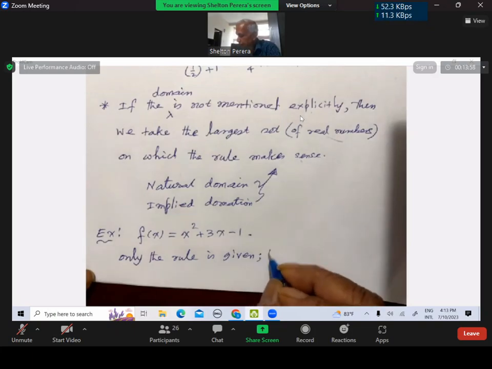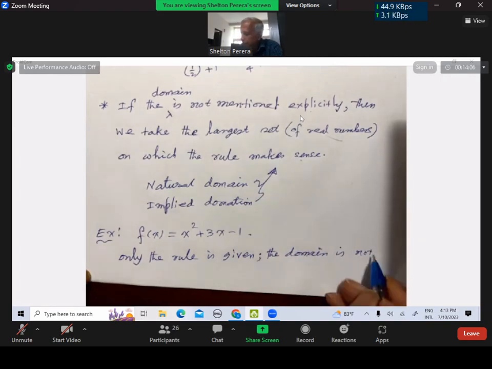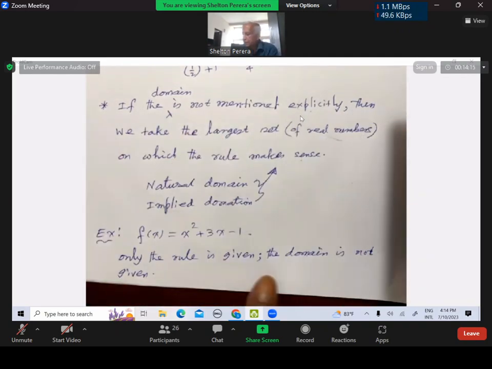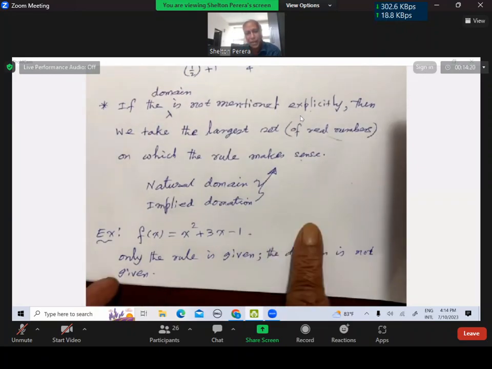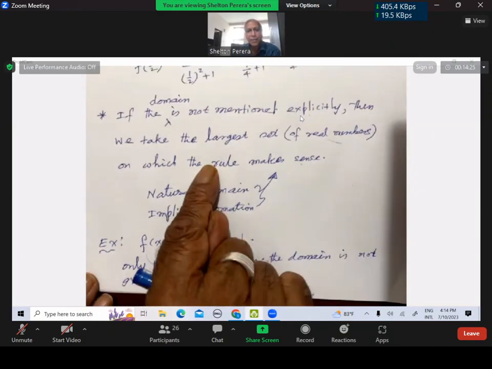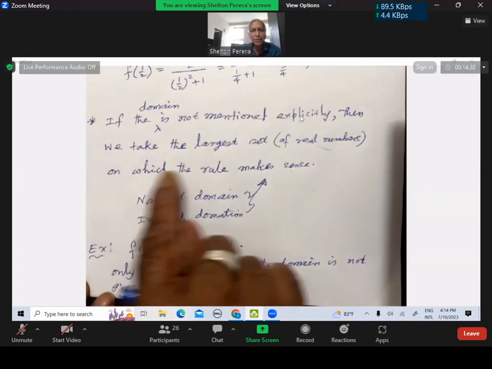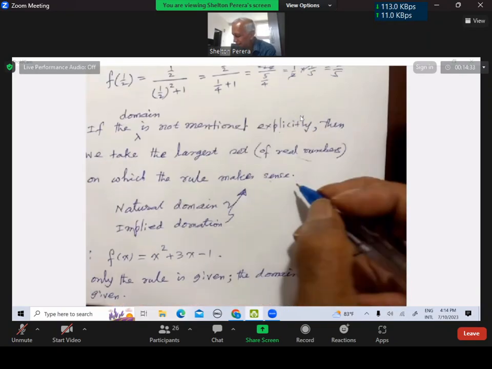The domain is not given. So what did we say? If the domain is not mentioned explicitly, meaning if the domain is not stated, what do we take as the domain? Then we take the largest set of real numbers on which the formula makes sense.